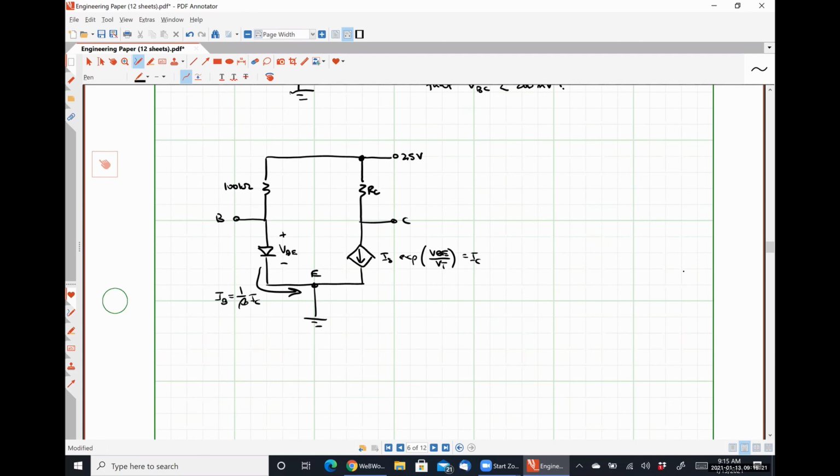I'm sorry, what was that? Okay, so we have our formula for IC, and we know that IB is 1 over beta IC. But how does that help us? We need a little something extra.